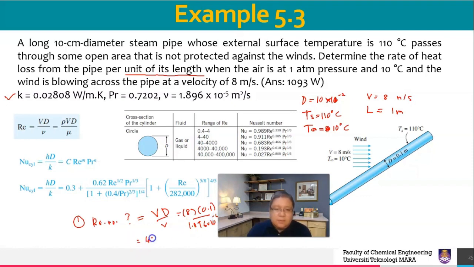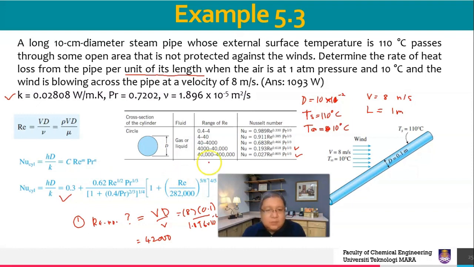You will get around 42,000. So the equation that can be selected is this one. But I would also suggest you do this as well. You will know why I asked you to do that. And this formula as well, the lengthy formula.